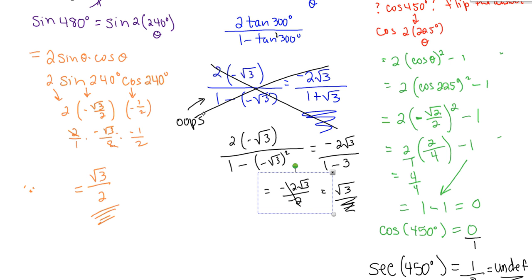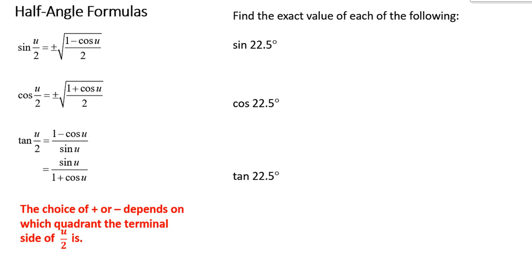Okay, so now we get to move on to the half angle formula. Now they look nasty, but they're really not too bad. This whole plus or minus thing, though, that's where most of the mistakes get made. But you just have to remember it's based off of u divided by 2.